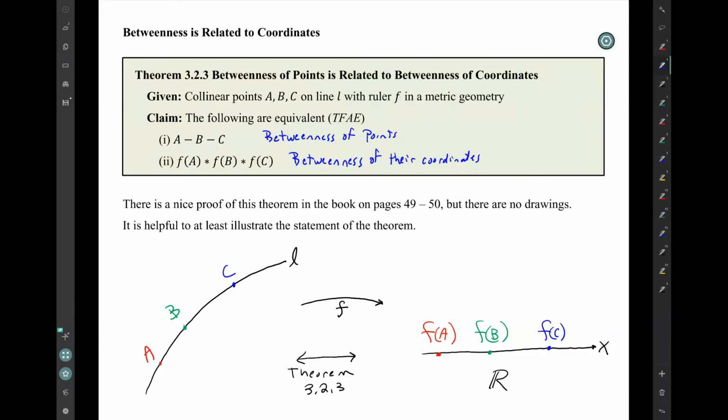This theorem says that these two statements are equivalent. If you know that one of them is true, then you're allowed to claim that the other one is true as well. Well, in our situation, we knew that some points had a certain betweenness relationship. So we knew that I was true. So this theorem tells us that therefore double I must also be true. So let's go back down and look again at how this was used and how it was cited in the proof.